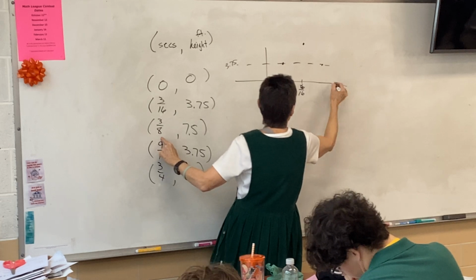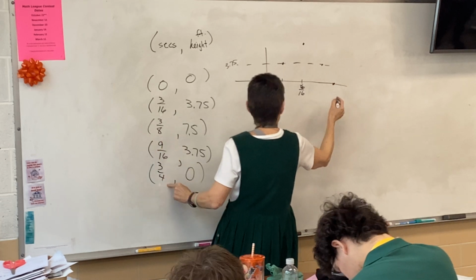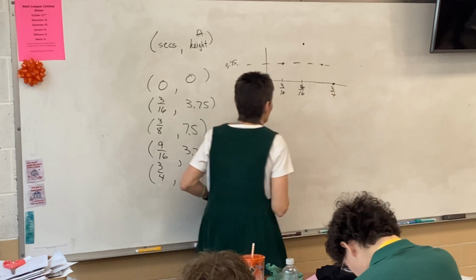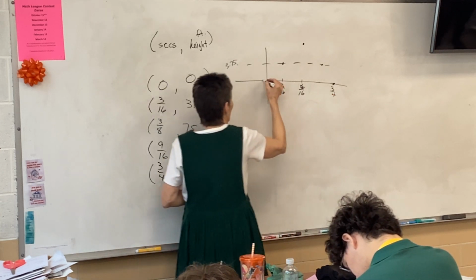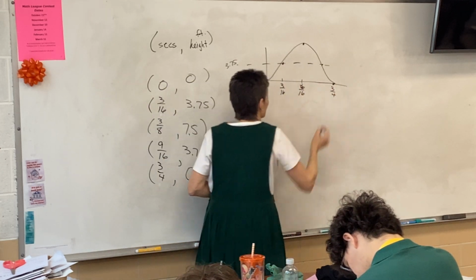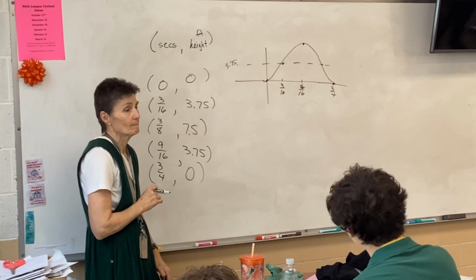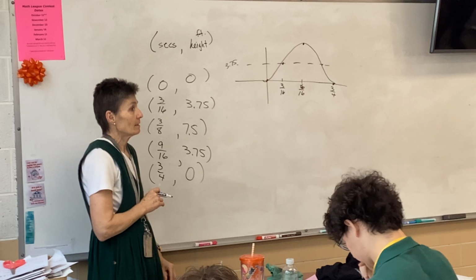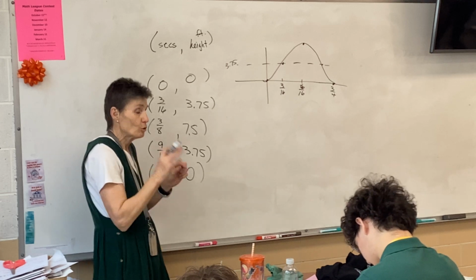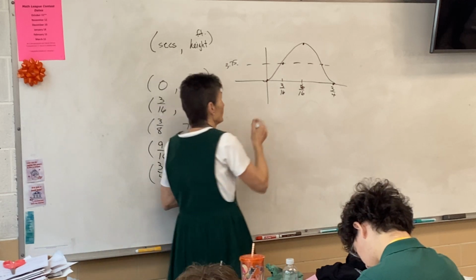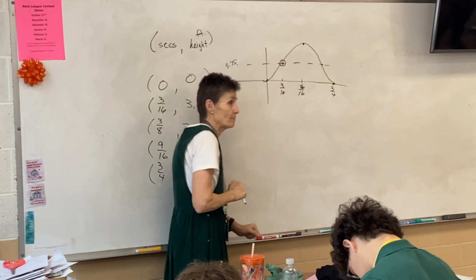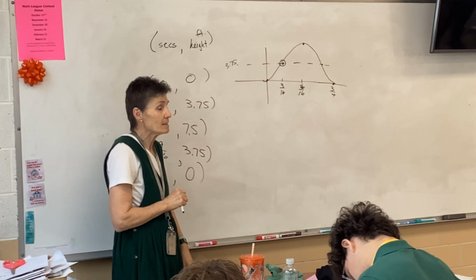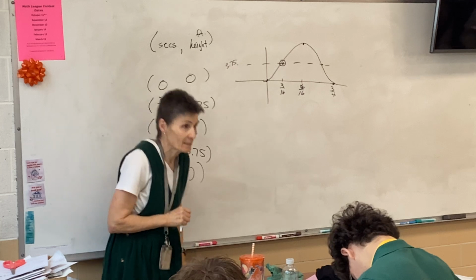So if I look at that, what kind of equation do I see? If I just look at that part of it right there, that is not a sine. That is a cosine. Now, could it be a sine? Absolutely, but I'd have to start looking here, because sines start on the midline.